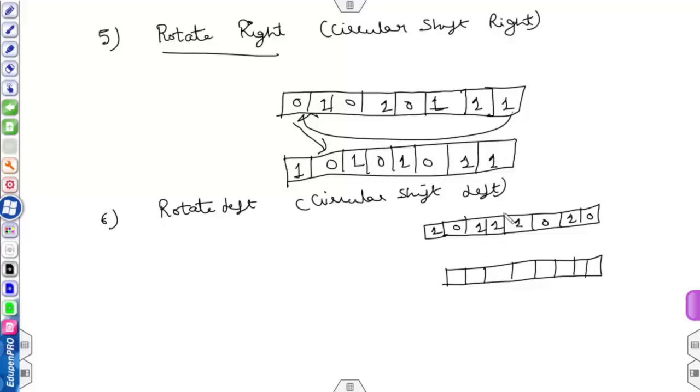It is circular shift left, so this first bit will be shifted to the last position. Put 1 at the last position, and for the rest you have to do the left shift operation. So here 0 will come here, then 1 1 1 0 1 0. You can see that there is no bit loss. Simply a shift left operation is performed and the first bit is shifted to the last position. So this is the circular shift left operation.